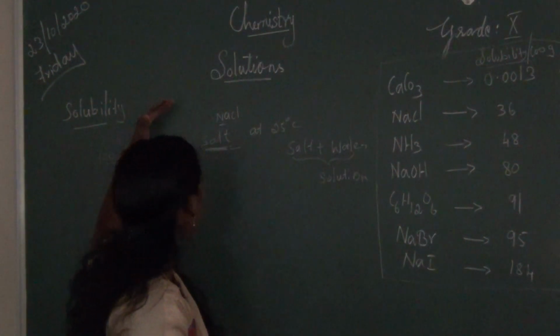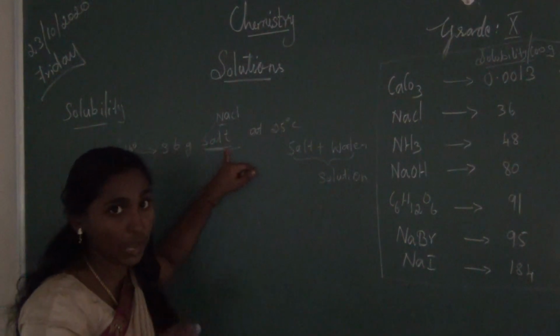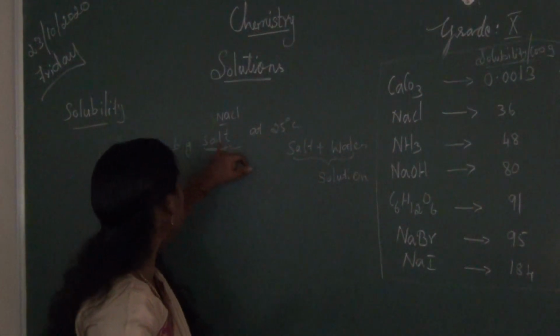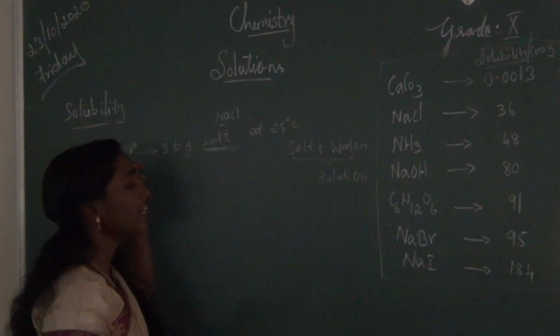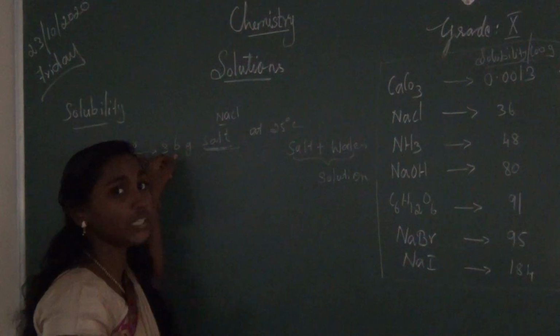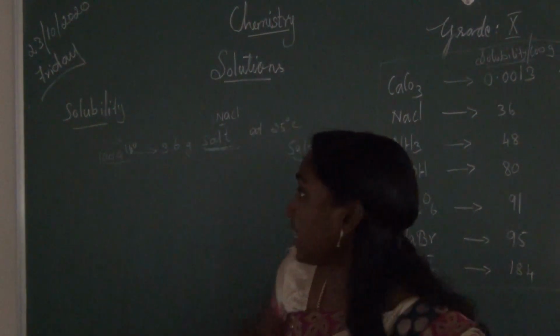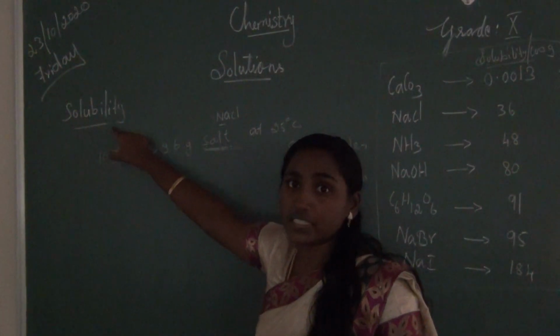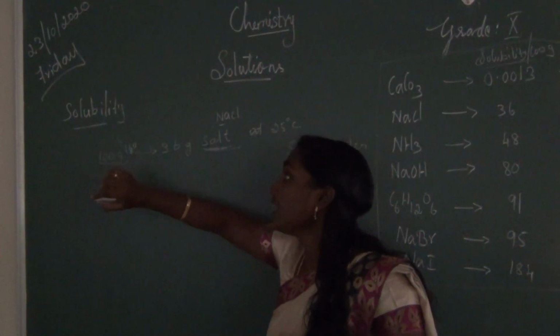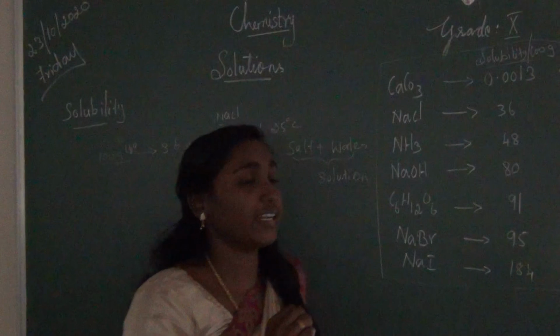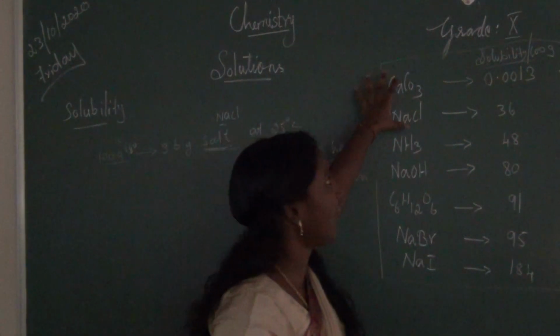Solubility is the amount of salt dissolved in 100 gram of water at 25 degrees Celsius. Have you understood solubility? Then next we are going to study some solubility values.